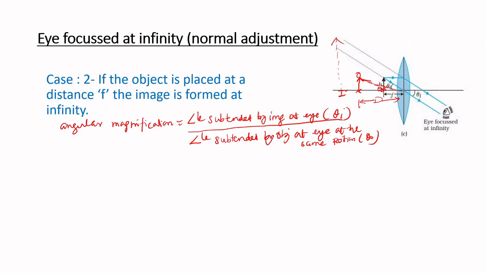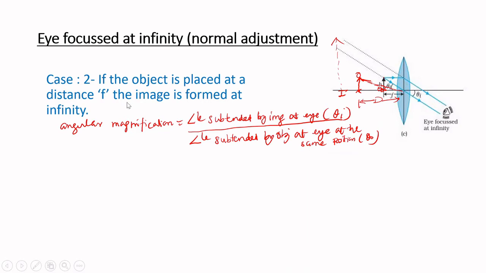In case 2, if the object is placed at a distance f, where will the image be formed and what will the magnification be? That is what we have to find out. When the object is kept at f, the image is found to be at infinity. This adjustment of the microscope is called normal adjustment.